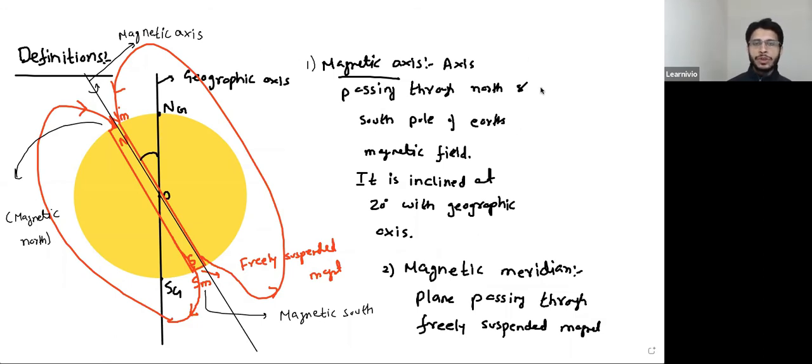And then a plane which passes through geographic north and geographic south. If I take a two-dimensional plane and pass it through geographic north and geographic south, then that plane is known as geographic meridian.